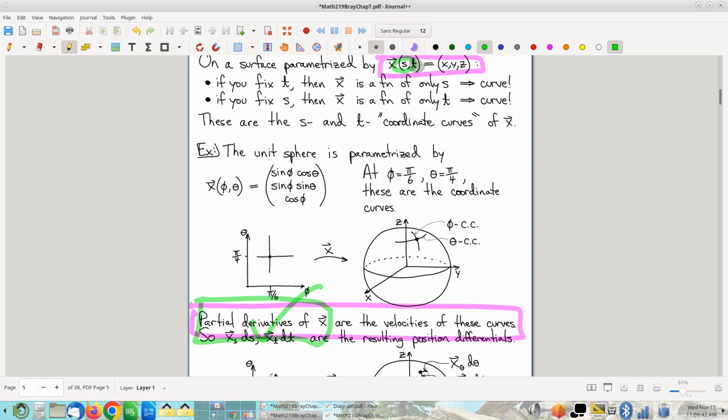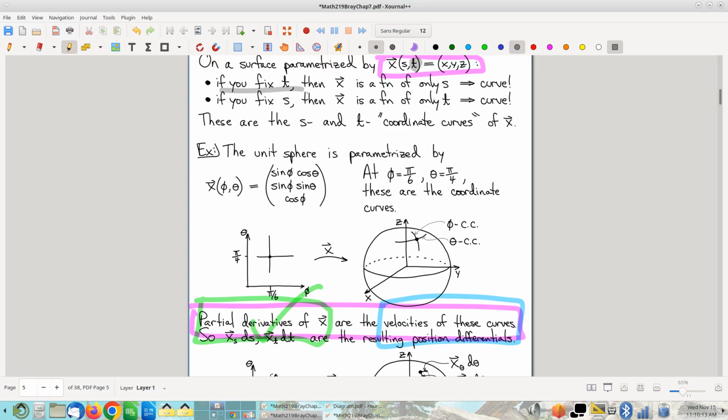Now, by comparison, what is a velocity of a coordinate curve? To be a coordinate curve, you have to fix one of the variables. So we're going to fix t now so that we have, in fact, a coordinate curve. This is a coordinate curve because a position is now a function of one parameter.